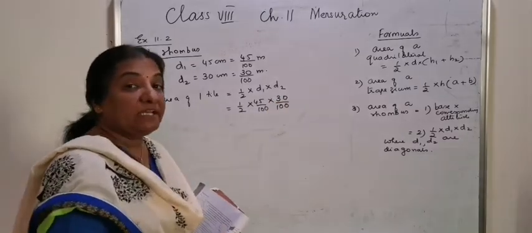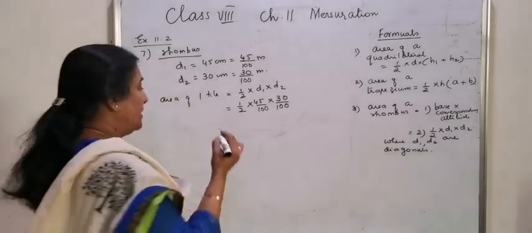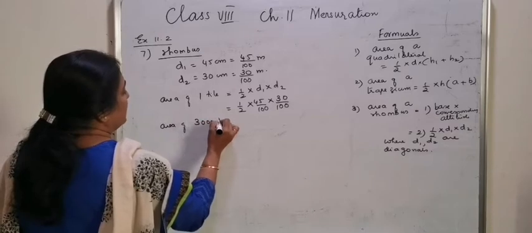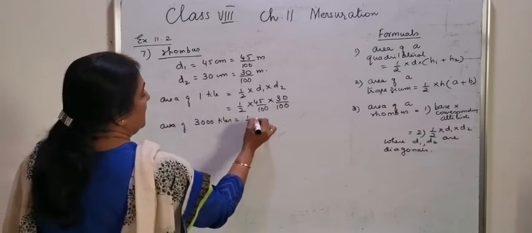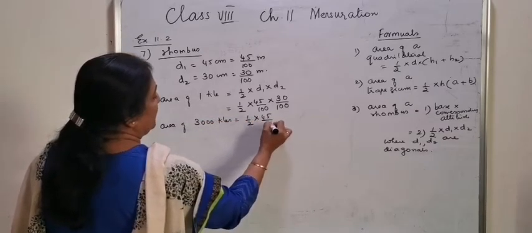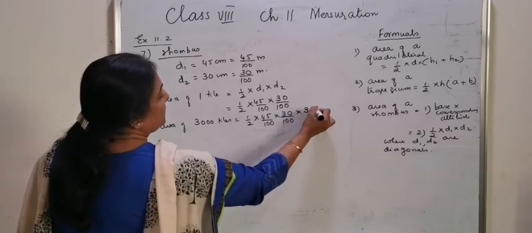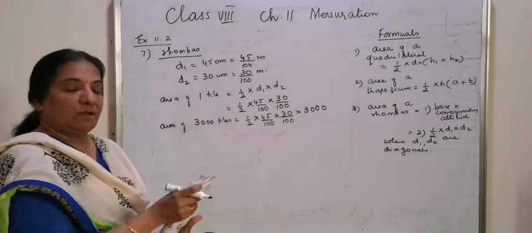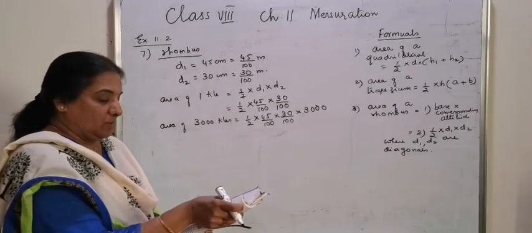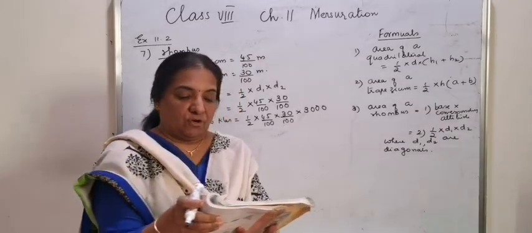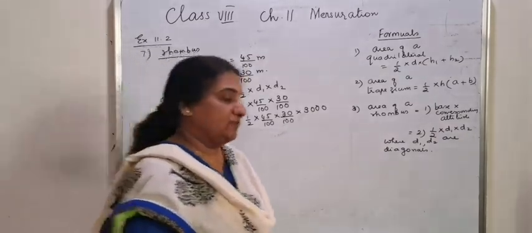How many tiles are there? Therefore, area of 3000 tiles is equal to half into 45 by 100 into 30 by 100 into 3000. Now, let us simplify it. Find the total cost of polishing the floor if the cost per meter square is rupees 4.